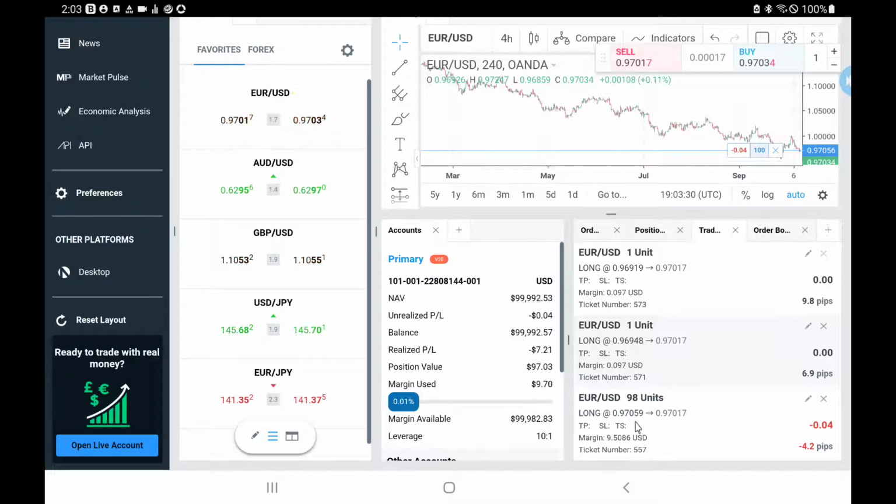Now we've sold off 2 units in the process, and we've bought 2 more units in the process. So as you can see how this is actually going.